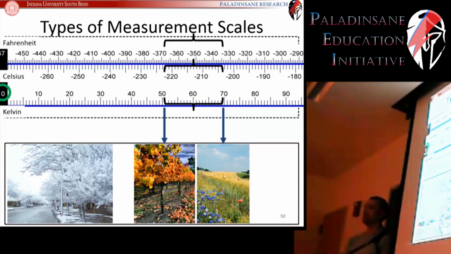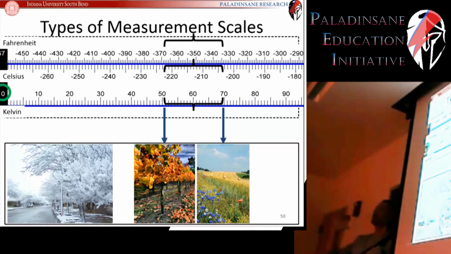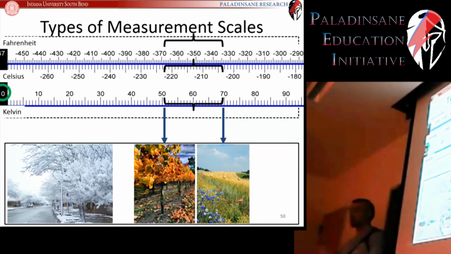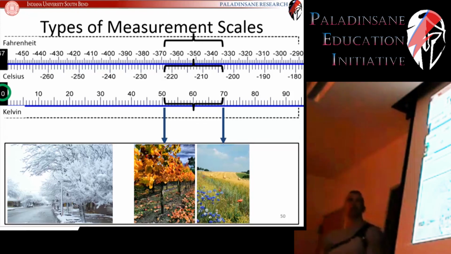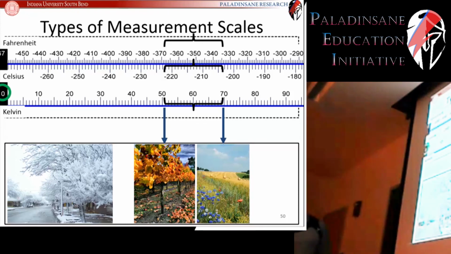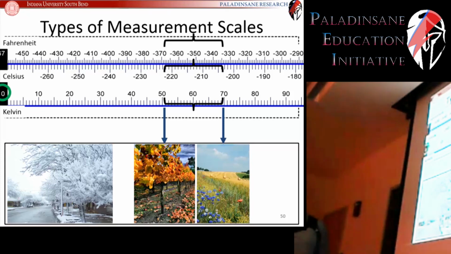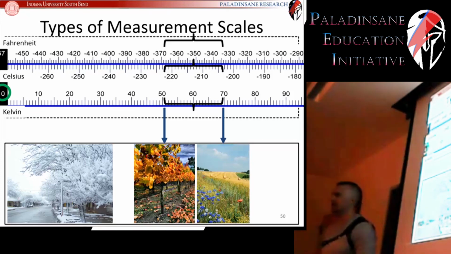But you can't do math with the scores from a Fahrenheit scale because the real zero is being represented by minus 467. If the real 0 is being represented by 0 on your measurement scale, then you have an absolute 0, you have a true 0. So they come close, right, because they do have those equal intervals, but they're missing that true 0.